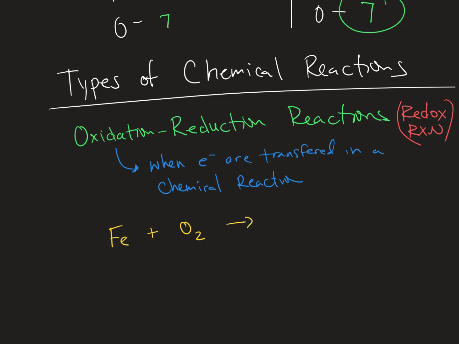It rusts and becomes iron 3 oxide. You with me? So iron, we say, does what? Oxidizes. It's oxidized. Good? Iron is oxidized.